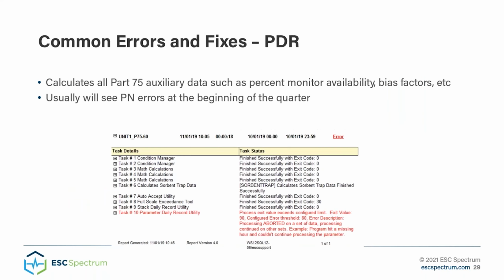All right, next slide. Okay, another common error we see is on the parameter daily record utility. This calculates the Part 75 auxiliary data such as percent monitor availability, bias factors, etc. And we usually see this at the beginning of the quarter.